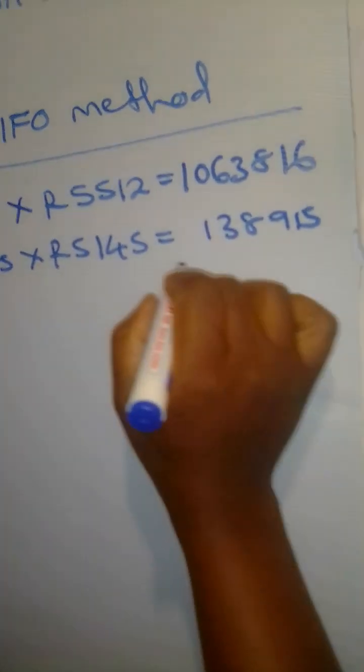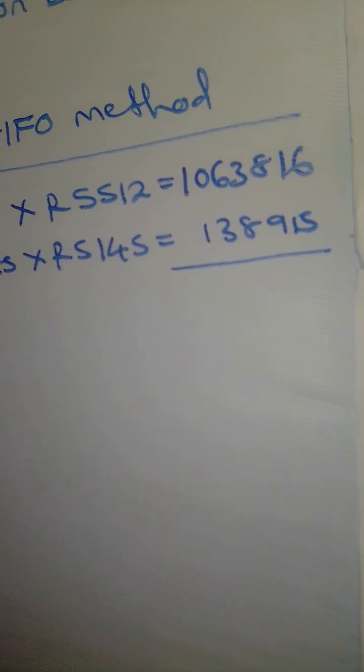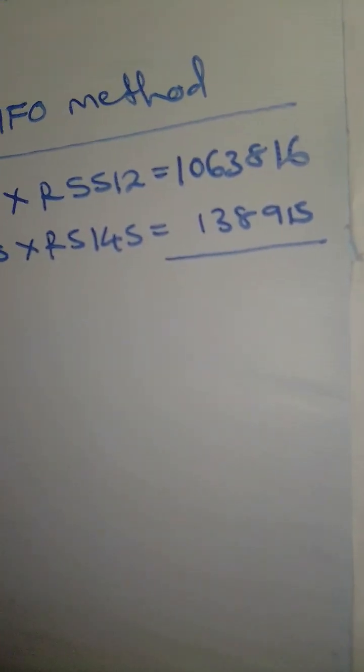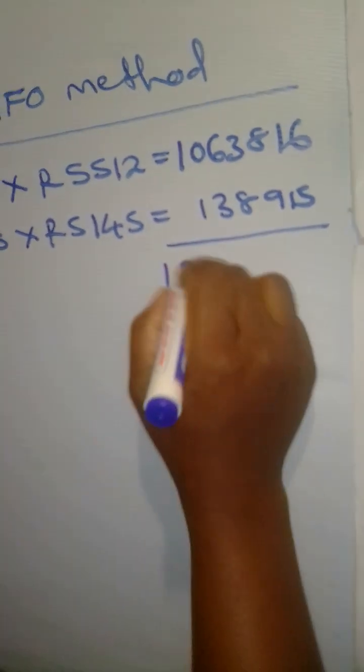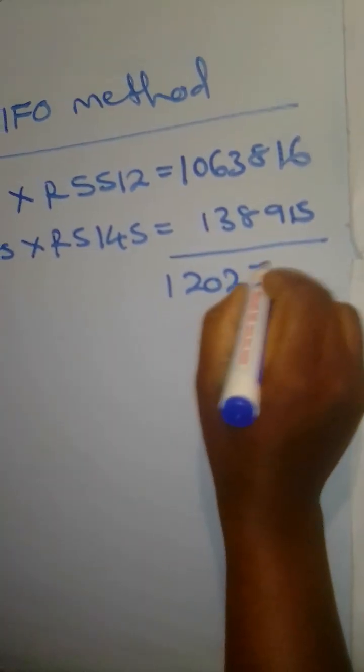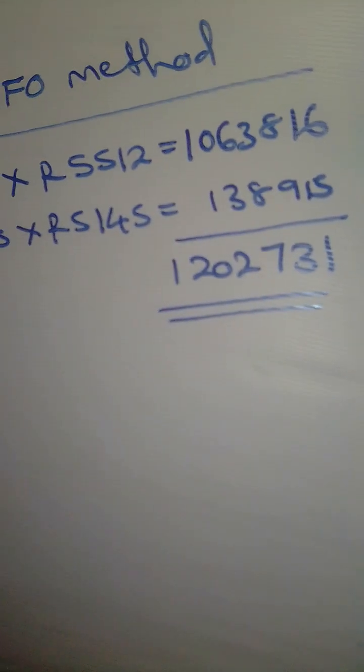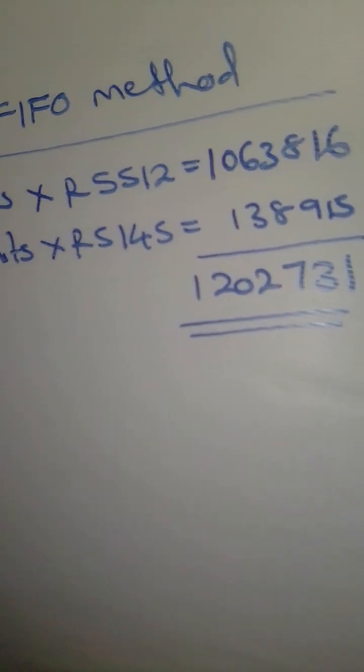Okay, now we can add the two amounts. After adding those two amounts, we are going to get 1,202,731. So this is the value of our closing stock using the FIFO method.